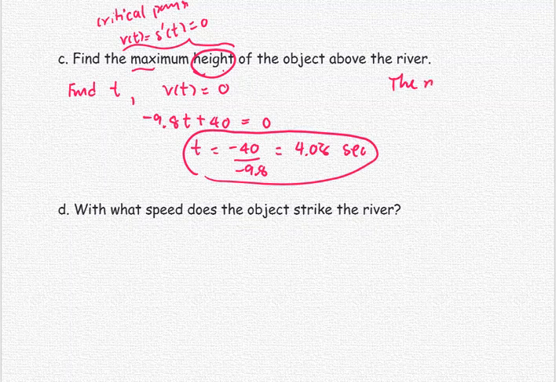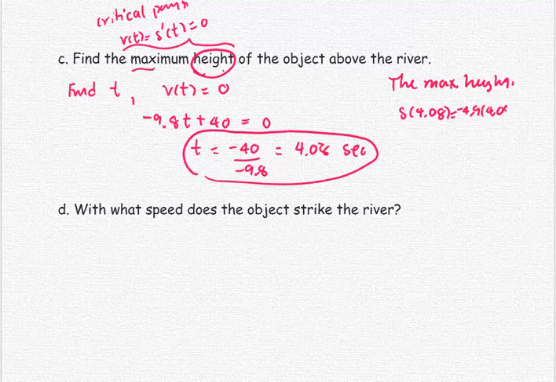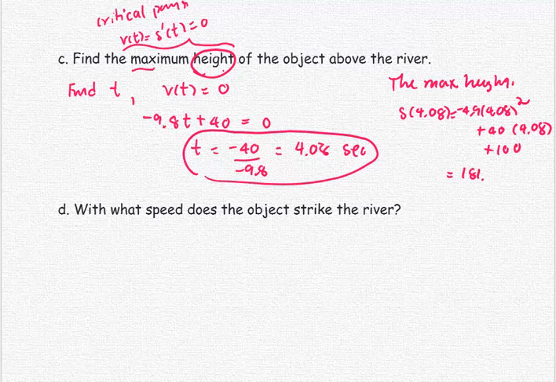Now we're going to find the maximum height, or the maximum position. s(4.08) is negative 4.9 multiplied by 4.08 squared plus 40 multiplied by 4.08 plus 100, and gives us the maximum height of 181.63 meters.